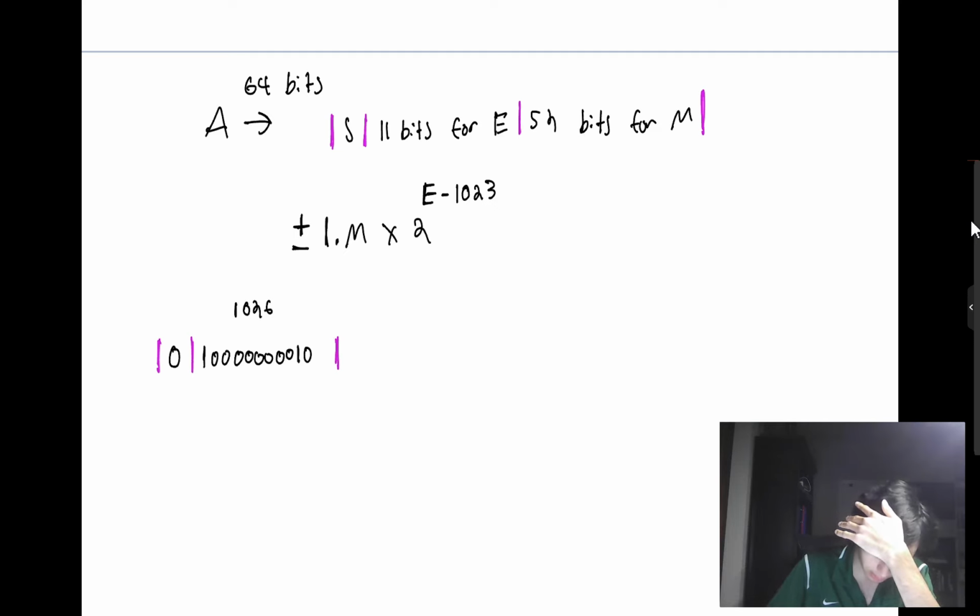That's our exponent value. And then let's say our mantissa, or m value, is going to be this.